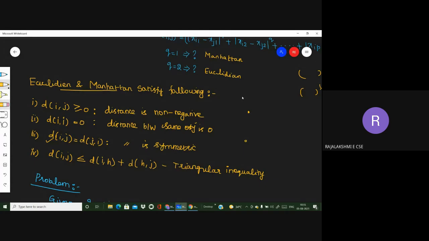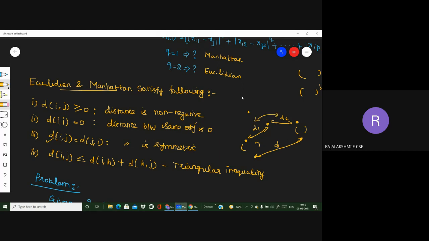Now I'm going to calculate the distance between these 2 points. With one point in between, I first calculate this distance as d1 and this distance as d2. Also I calculate the distance between this point and this point as d. Always this d will be less than or equal to the addition of d1 and d2. Will you agree?